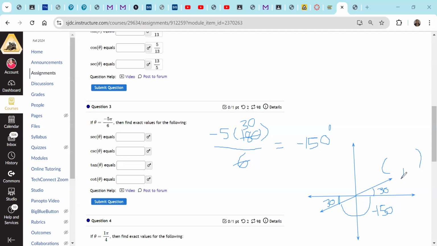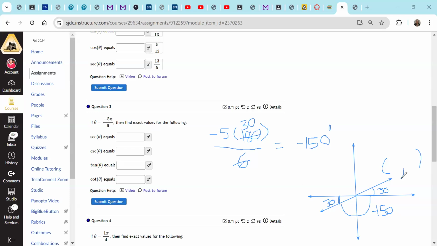I remember my sine values and cosine values: 0, 1/2, square root 2 over 2, square root 3 over 2, and then 1.